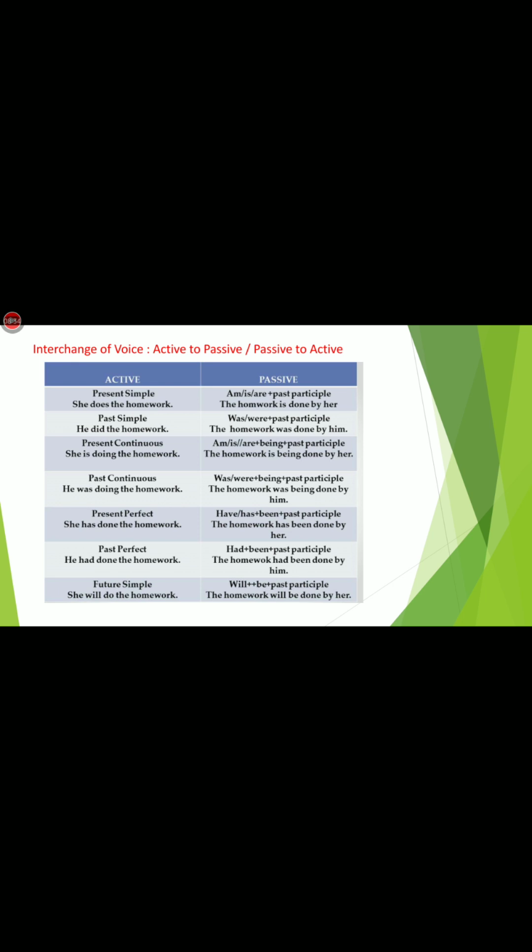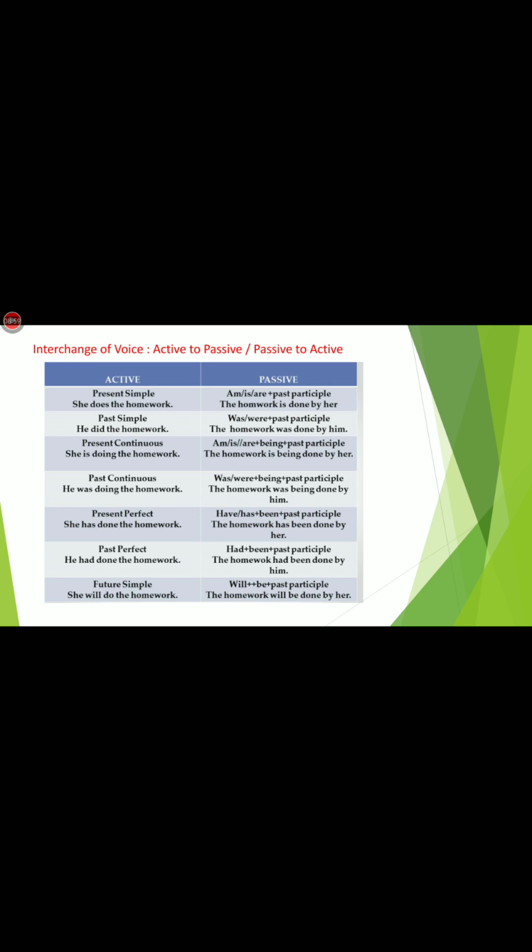Is, am or are plus being plus verb 3. So, she is doing the homework: the homework is being done by her. Similarly, in past continuous, it will become was or were plus being plus past participle. Example, he was doing the work: the work was being done by him.